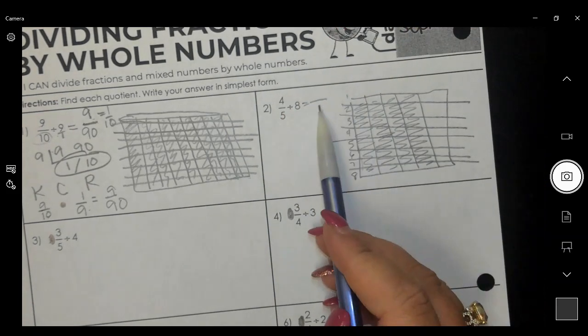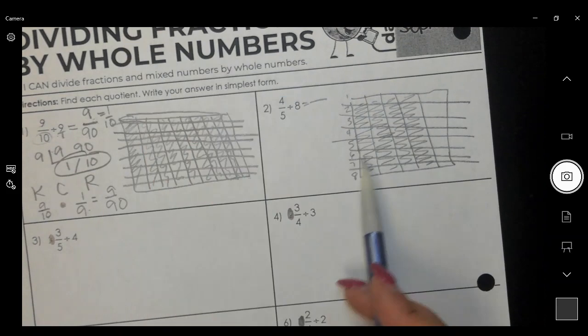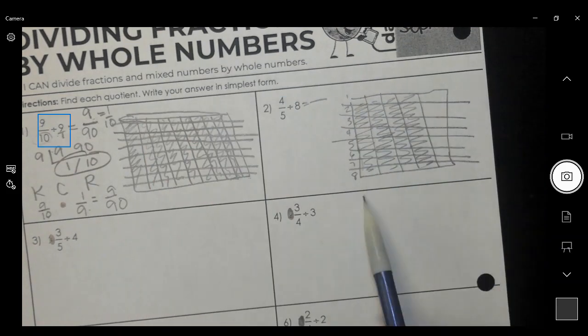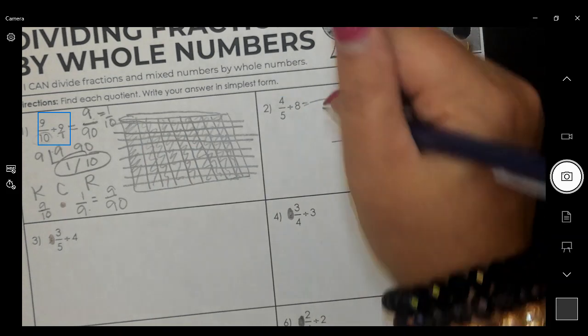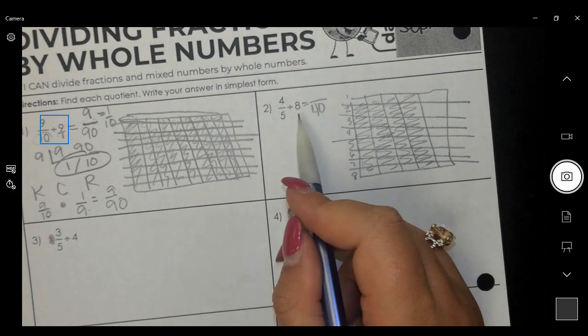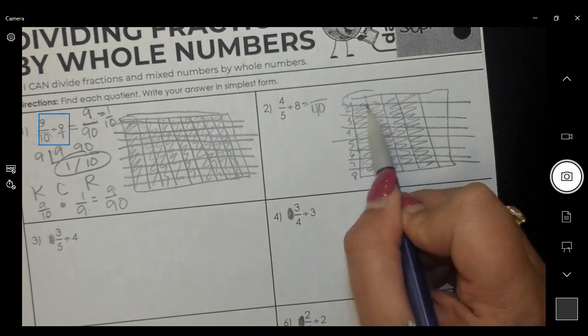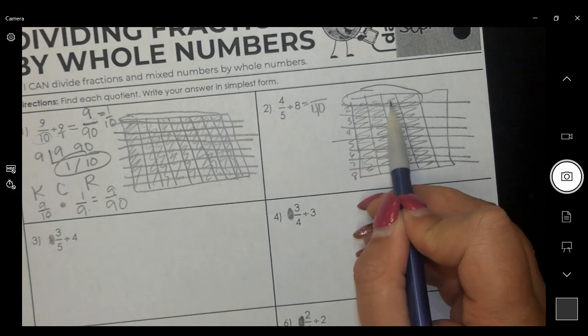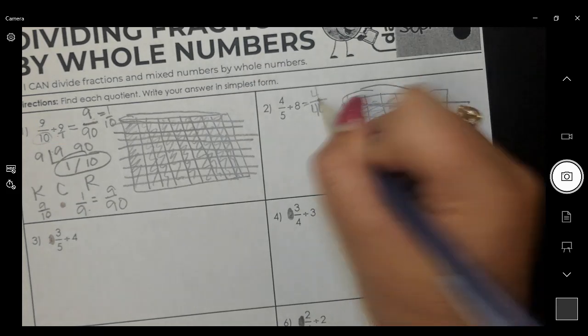So remember, your denominator is your whole. So how many total pieces are in your whole? Well, you have a 5 by 8 array, so 5 by 8 is 40. How many is each person going to get? So each person is going to get the same amount that's shaded in. 1, 2, 3, 4. So 4/40.